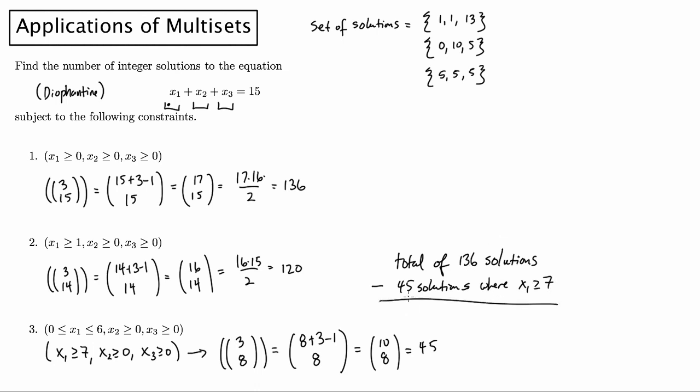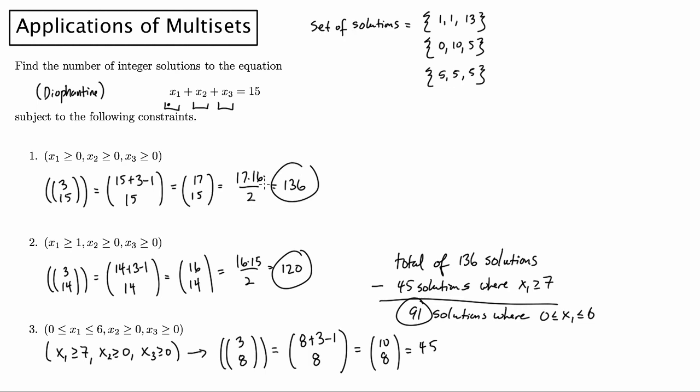What that leaves is 136 minus 45, or 91 solutions where x1 is between 0 and 6. And so my answer for problem 3 is 91.